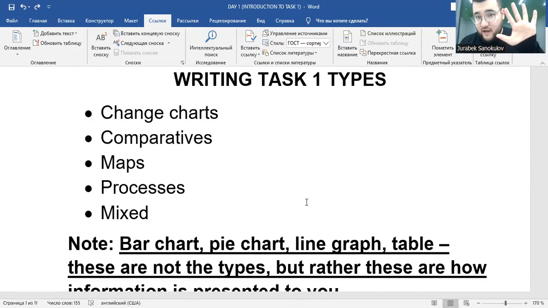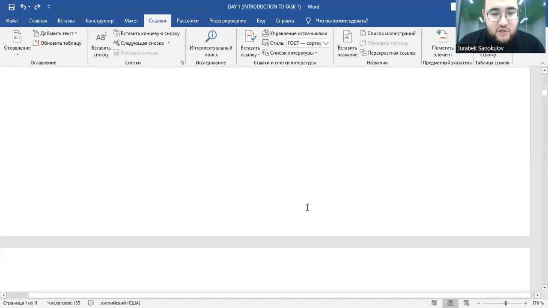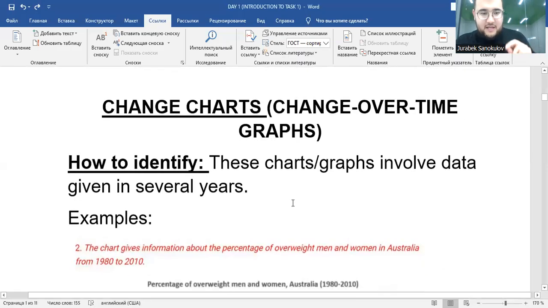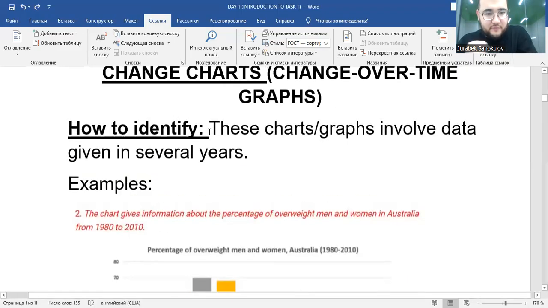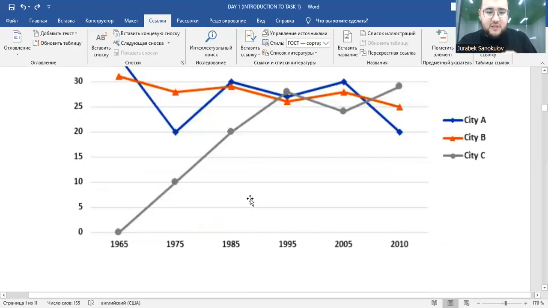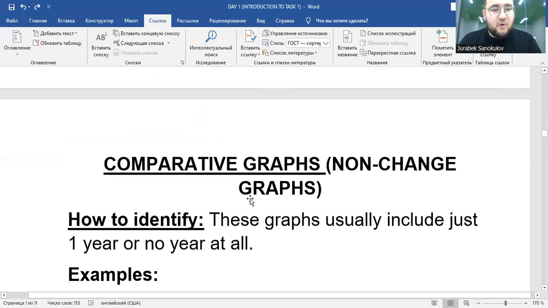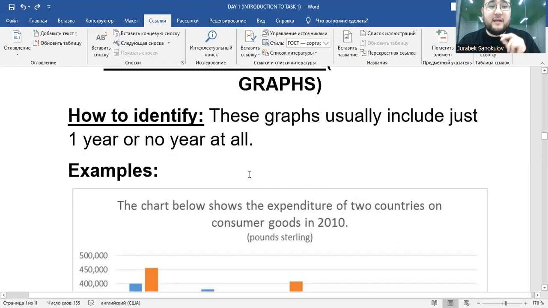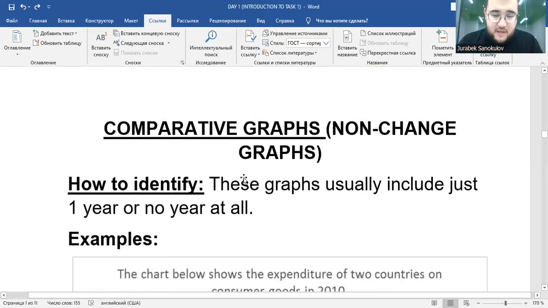So we have only 5 types, not 7, not 8, not 10, only 5. And how you identify them is this. Shortly put, if you see several different years, it means that it's a change over time graph. If you don't see any year or just 1 year, it means that it's a comparative graph.